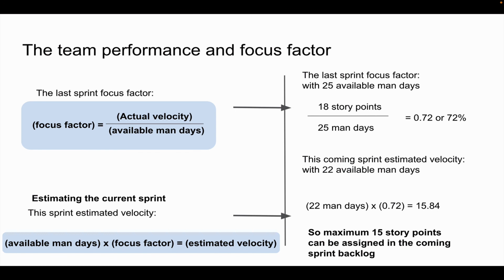So we can now estimate that the team is able to finish 15 story points based on the performance they did last sprint. But as the team works better and better together, this performance can be increased, right? So maybe they can take more points next time.